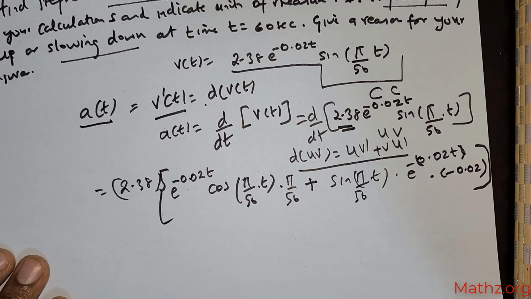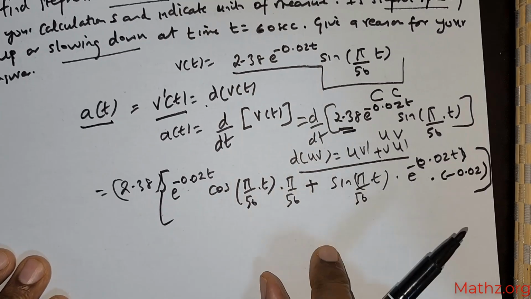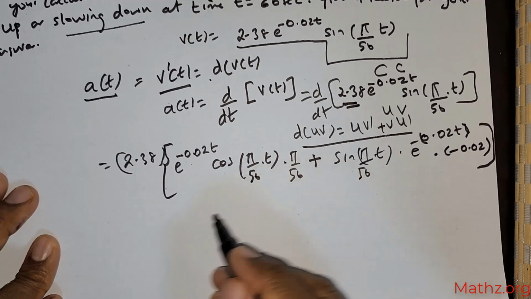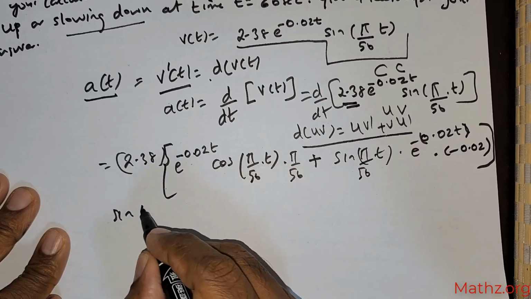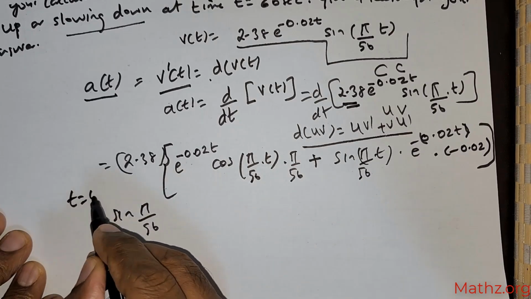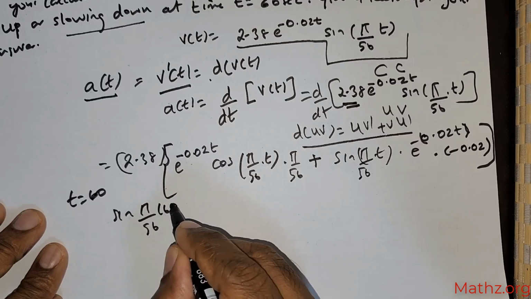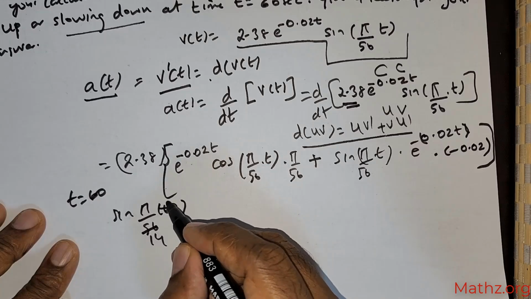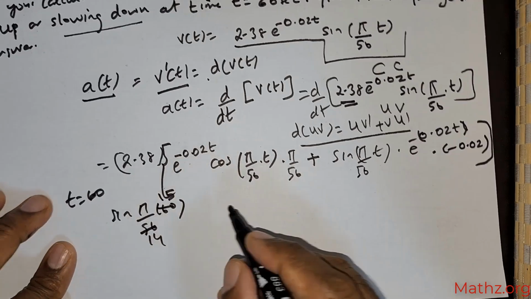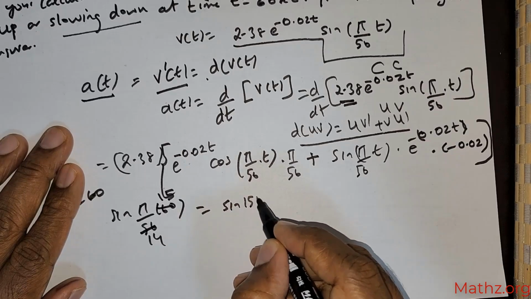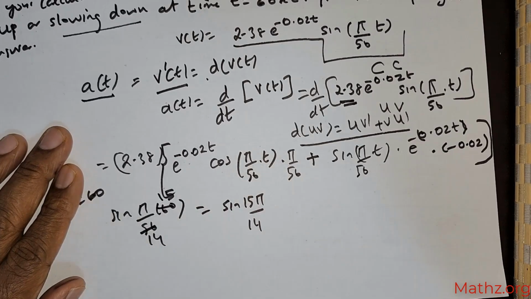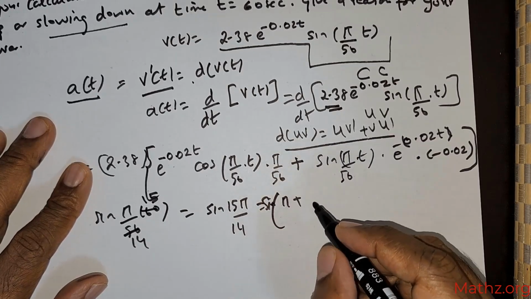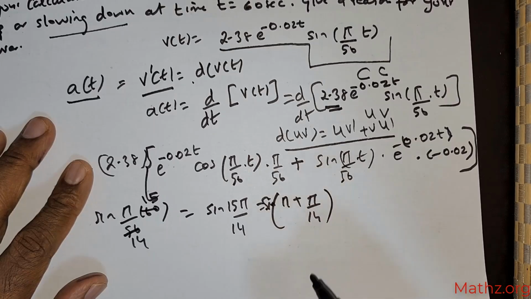So now what we need to do is evaluate these values. Foremost, what I wish to show you is how to get these things evaluated. Now sine of pi over 56 at t is equal to 60 is required, right? Now 4 divides here 14 times, 4 divides here 1 time, and 5 times, so 15. So this is going to be sine of 15 pi over 14. Now this can be rewritten as sine of pi positive pi over 14, right?